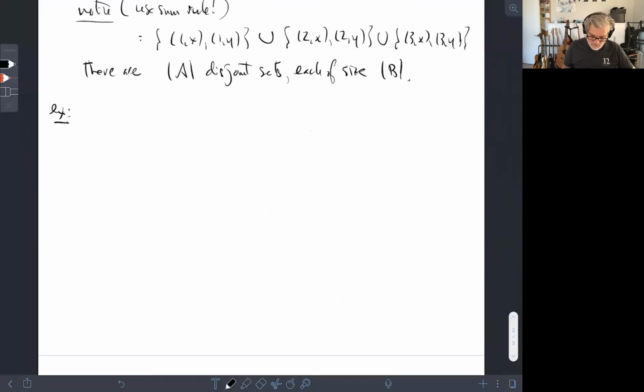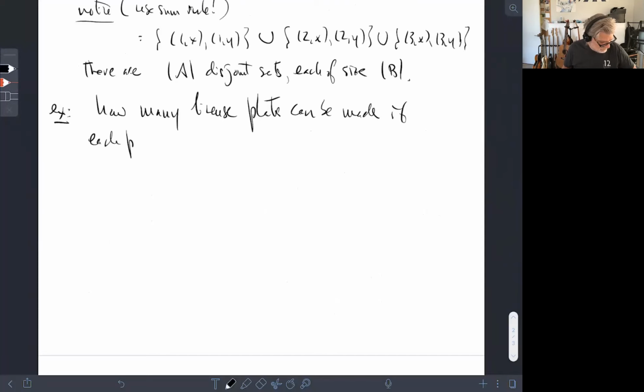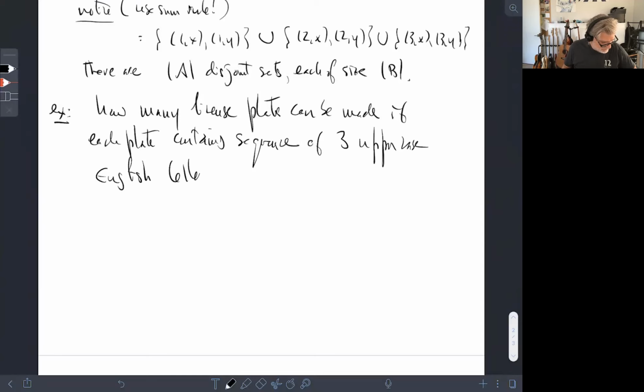We're asked to count: how many license plates can be made if each plate contains a sequence of 3 uppercase English letters followed by 3 digits.